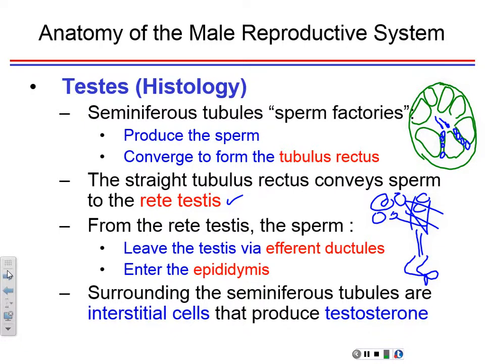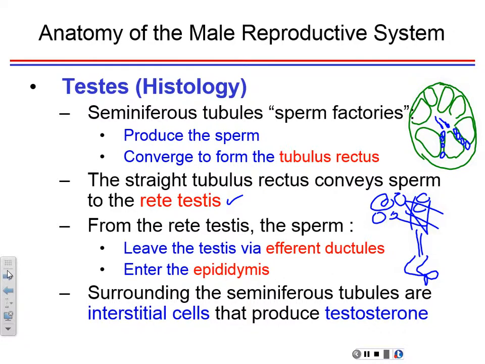So it starts off in the seminiferous tubules, where it's produced, then it goes into the tubulus rectus, then the rete testis, the efferent ductules, and then of course the epididymis, vas deferens, ejaculatory duct, and then urethra, and then outside.